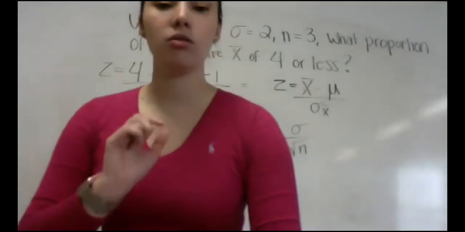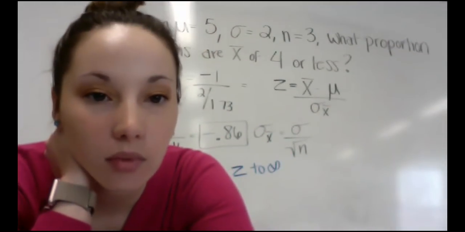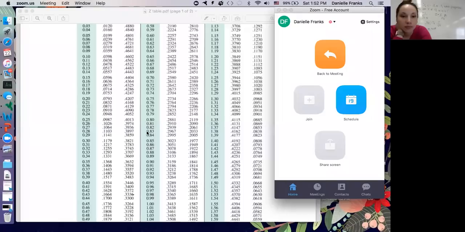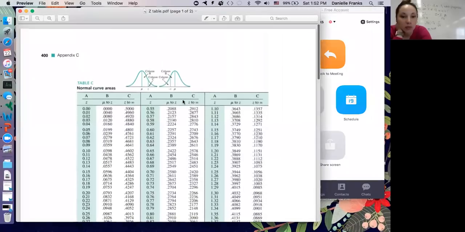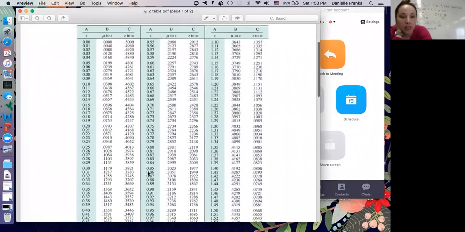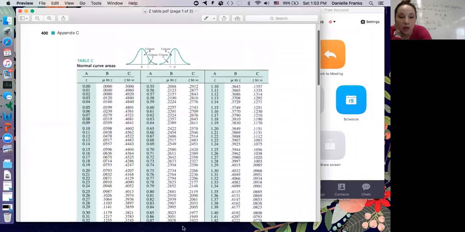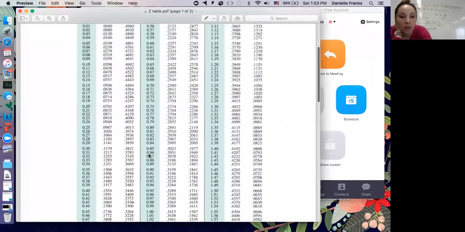So let's look up z to infinity for 0.86. So here's our z table. Column A, we find our z-score, 0.86. Column C, z to infinity is what we want. 0.86, we scroll over here. The probability that's associated with that is 0.1949.